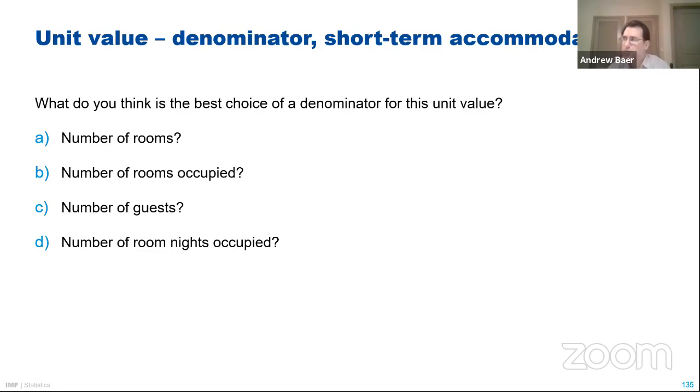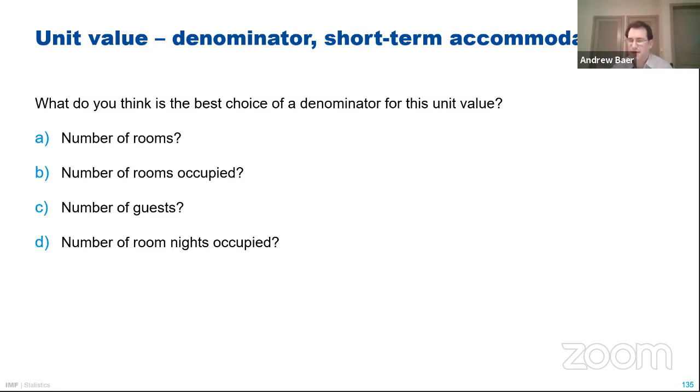Number of rooms occupied. Well, the same room could be occupied some nights, but not all nights. It's hard to say how many rooms are occupied because maybe all the rooms will be occupied on one night, but then half of them will be empty on the next night. And we're not taking an average per night, we're taking an average per all the nights of the month.